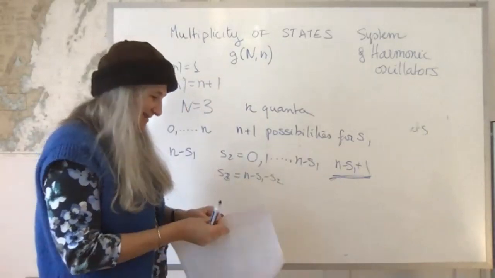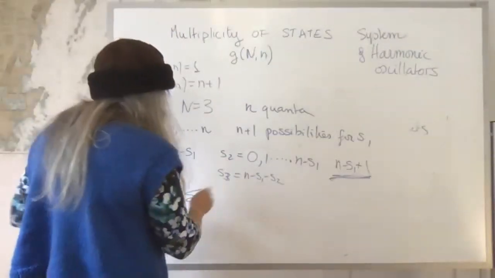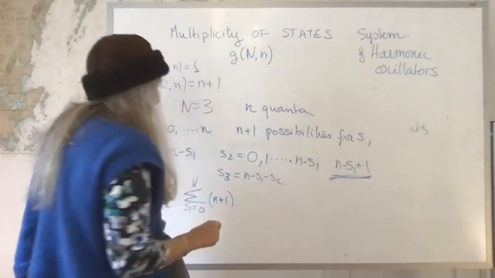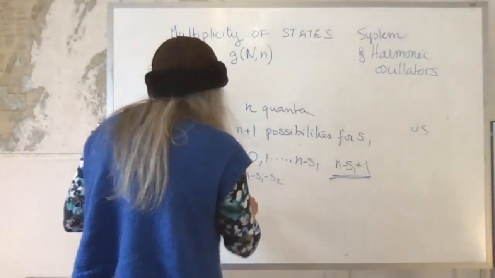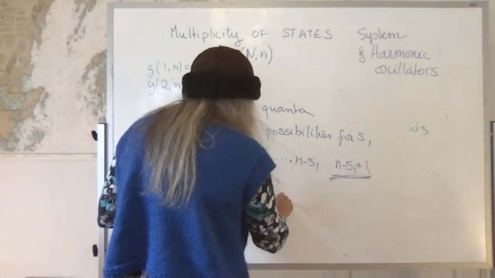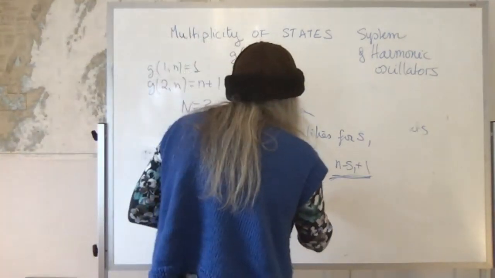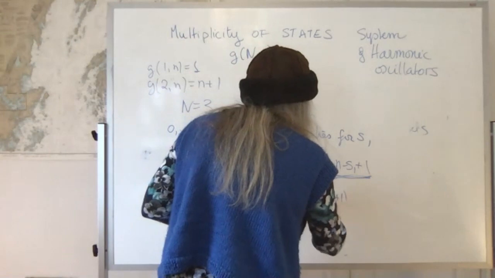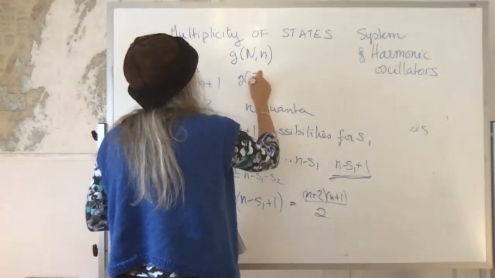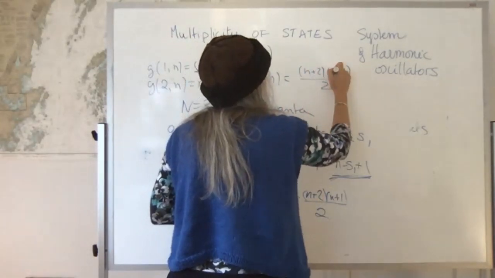And so if I do that, I can write this down as the sum of S1 equals 0 to n of n minus S1 plus 1. So if I do that sum over this index, then what you get is n plus 2, n plus 1 over 2. And so G of 3, so this is 3 oscillators, is going to be that, n plus 2, n plus 1 over 2, like this.